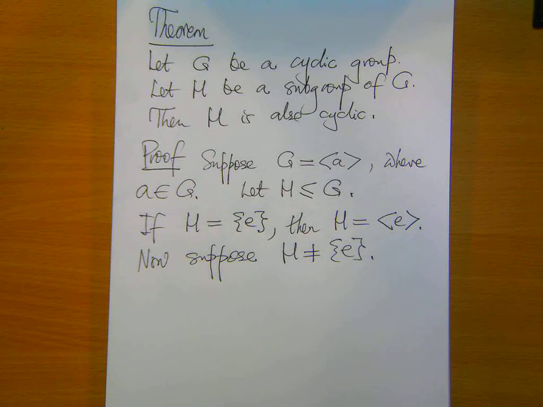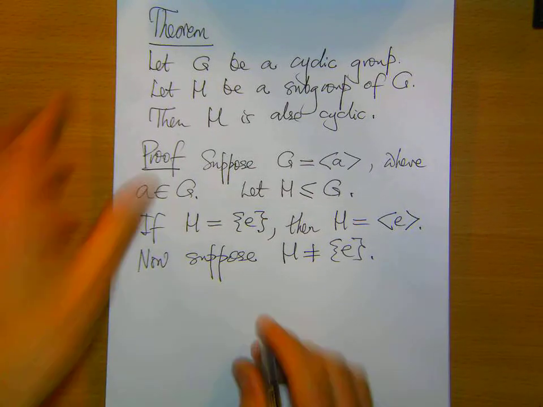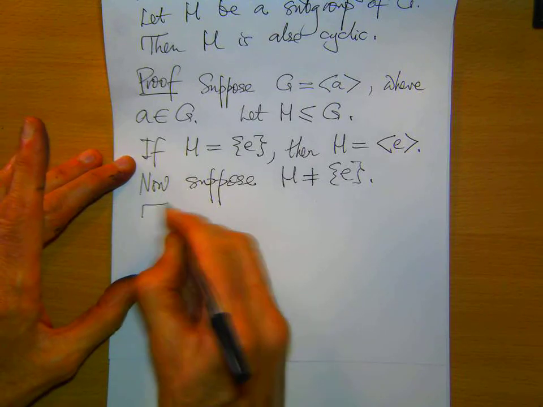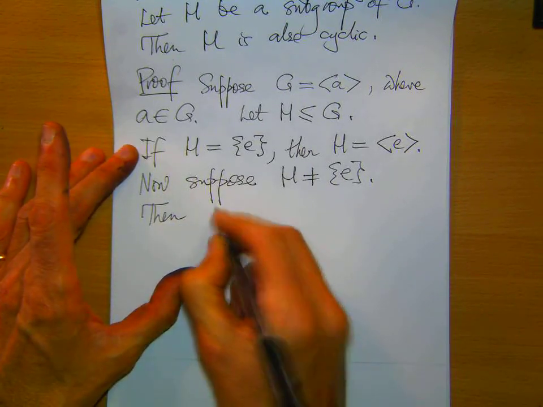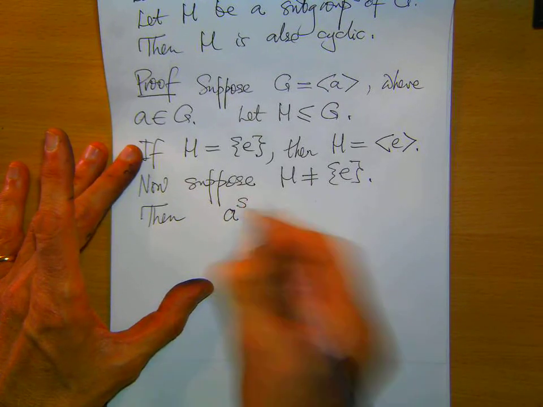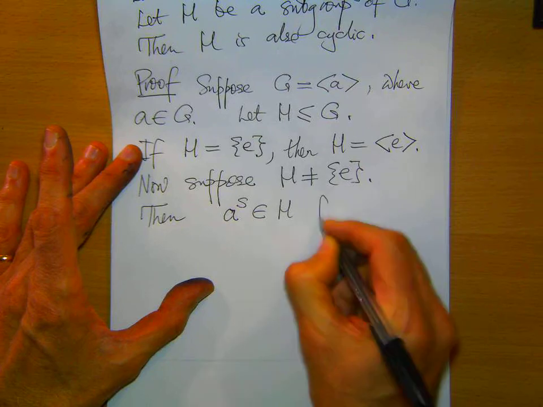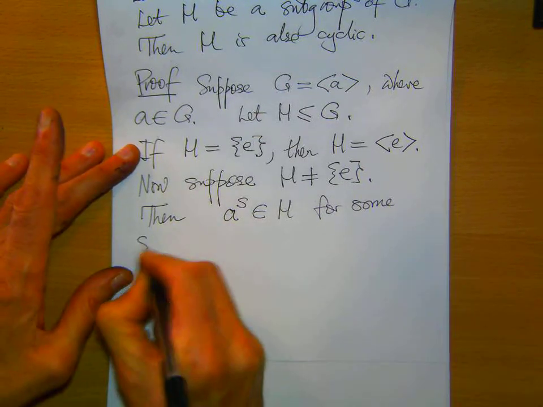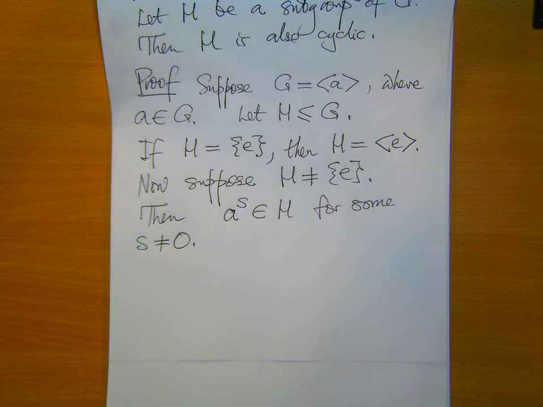So H consists of powers of A. Every element of H is a power of A, because everything in G is a power of A. Then, say A to the S is in H for some S non-zero. So we're assuming that H is not just the identity element. So there must be some power of A in there where the power is not 0. Okay?